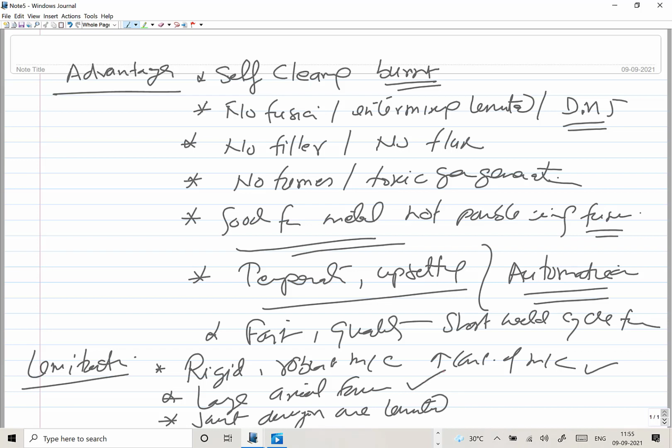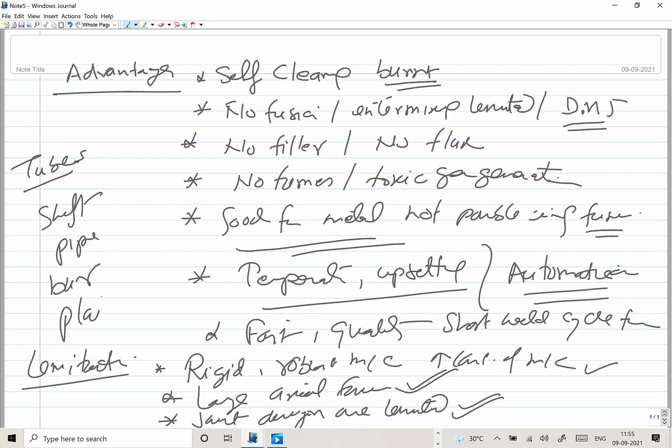You need to apply large forces, so it's possible that one component may get deformed or damaged under the effect of the heavy forces. You need perfect work holding devices within the robust machines, and there are limited design possibilities. These are commonly used for joining tubes, shafts, pipes, bars, plates, etc.